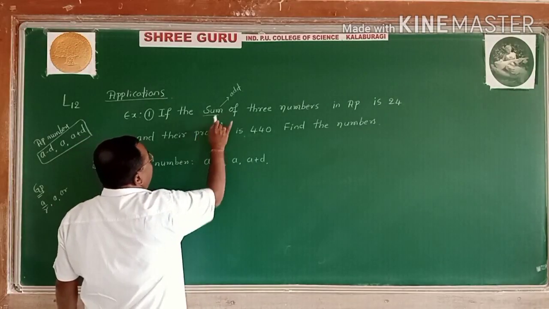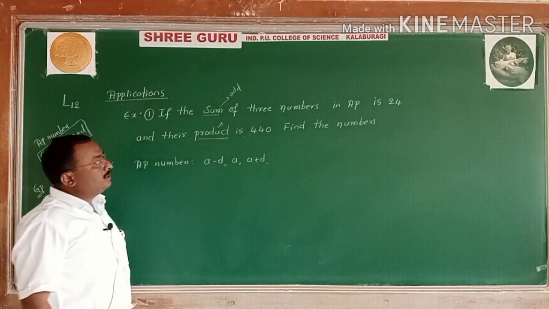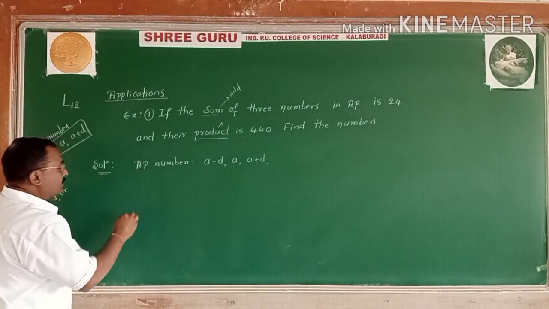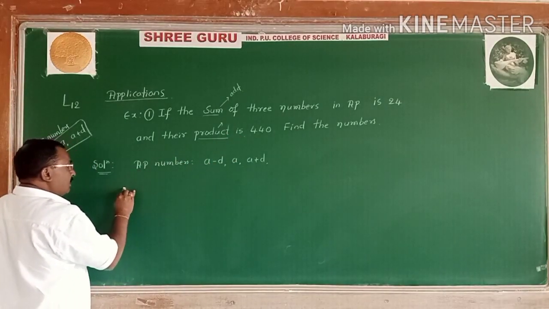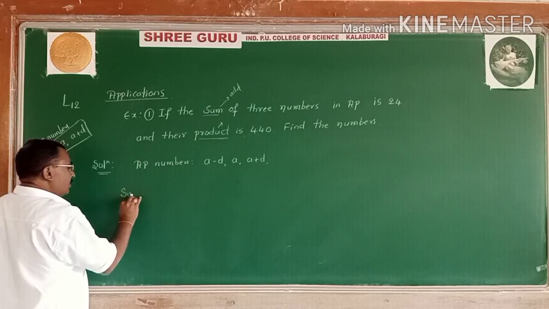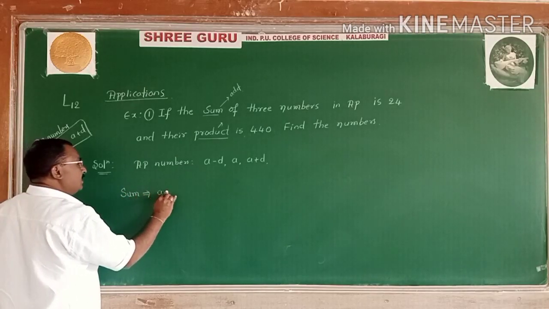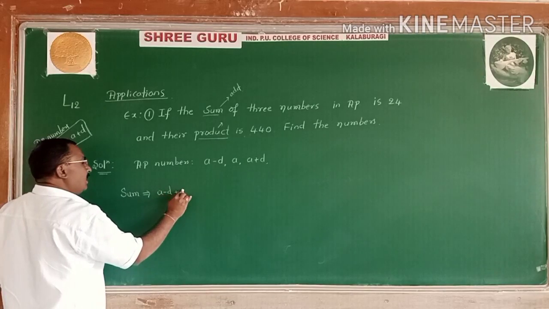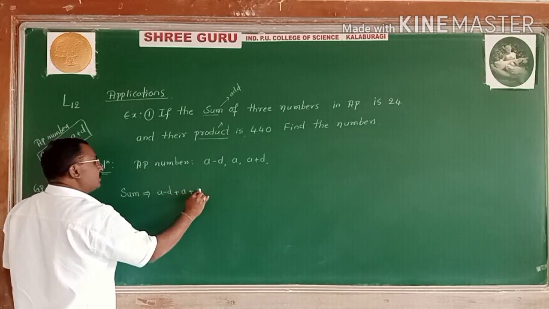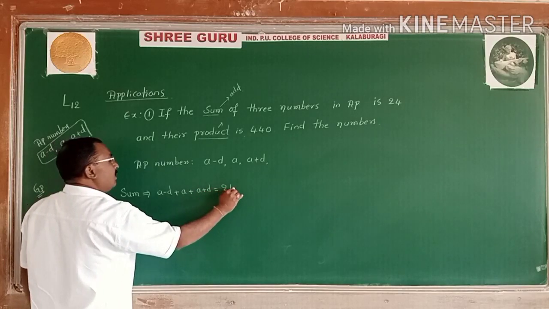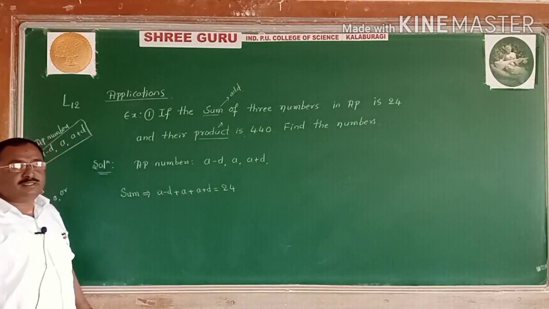Sum and product are the main important things. The sum should be 24 and the product is 440. First, the sum of 3 numbers should be A minus D plus A plus A plus D is equal to 24. It is already given as 24.